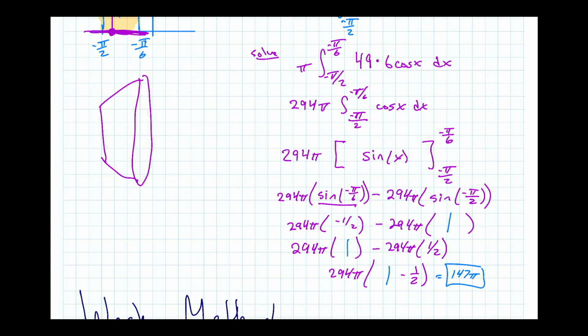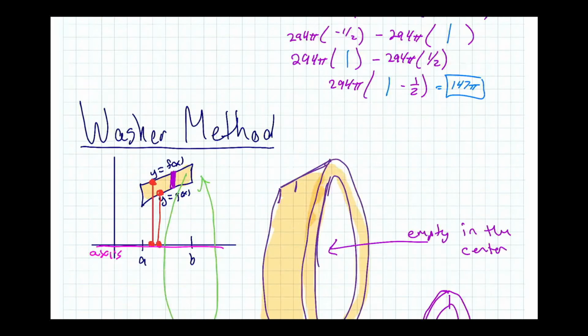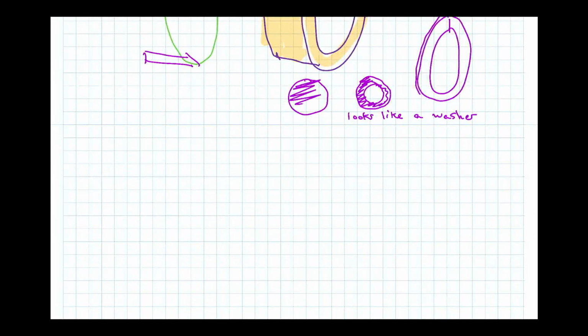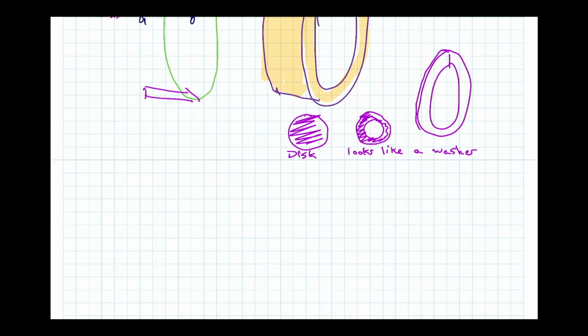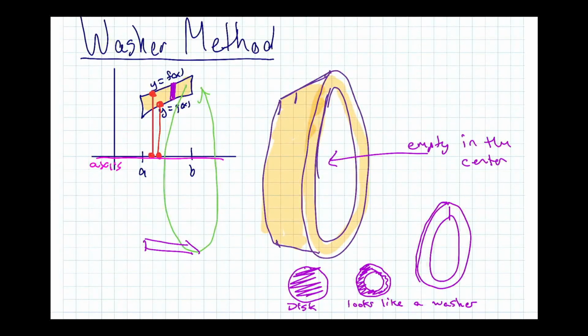If you looked at it straight on, it would just look like that, which is a disc. Disc, washer. Those are why we call the methods the disc method and the washer method. All right, so that's the setup, is we're trying to do this.